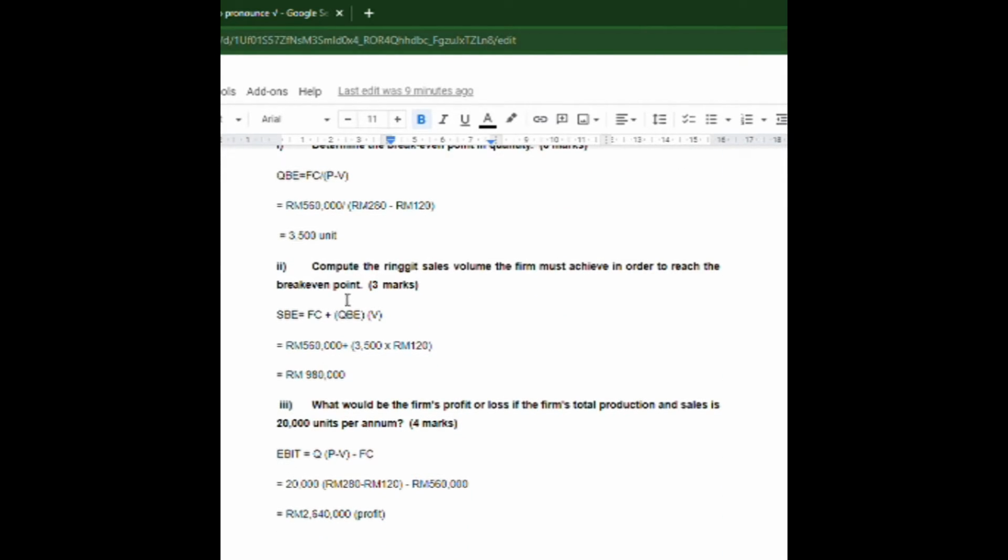Number 2, compute the ringgit sales volume the firm must achieve in order to reach the break-even point. So SBE, sales break-even.